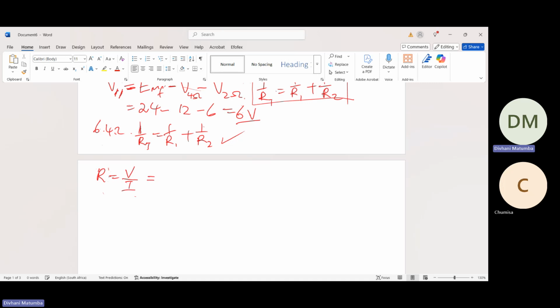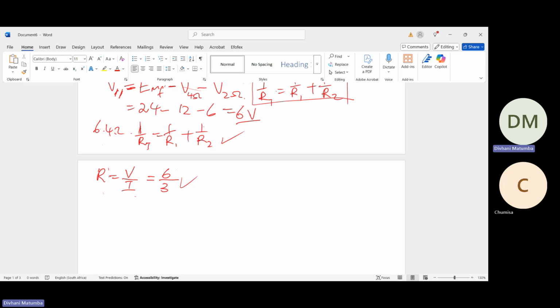Okay, so what will be our V? 6. And our I? 3. Yeah, you're right. It's 3 because that 6 volts, we are assuming that our parallel connection can be summarized into just one resistor.